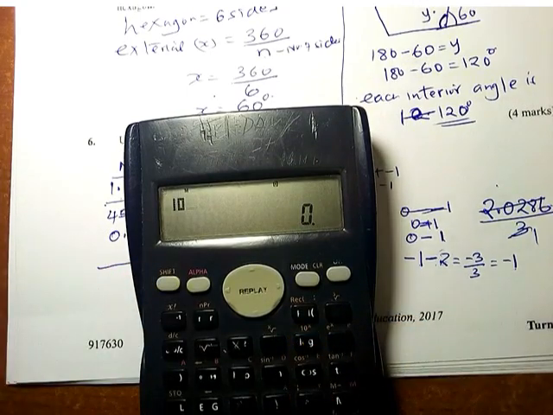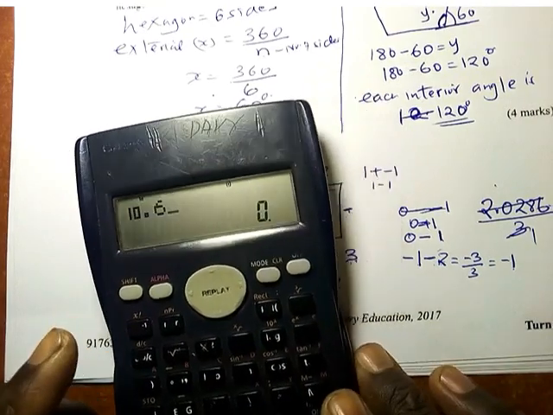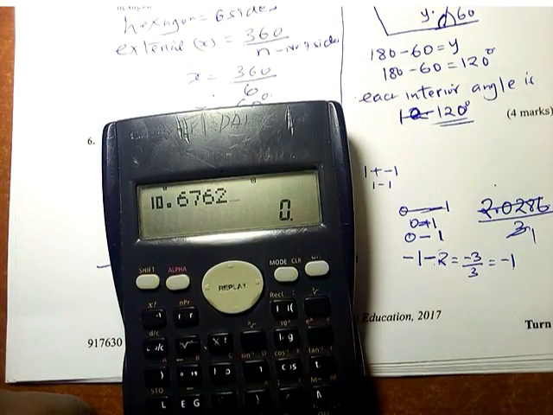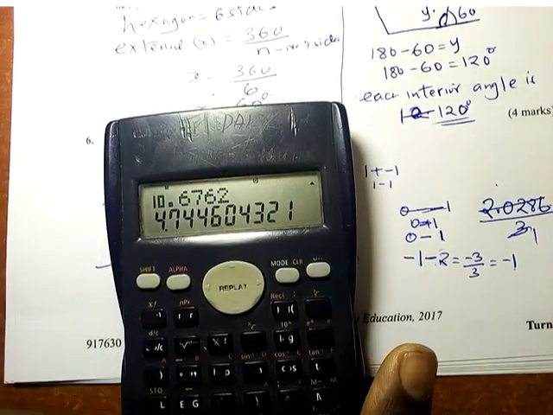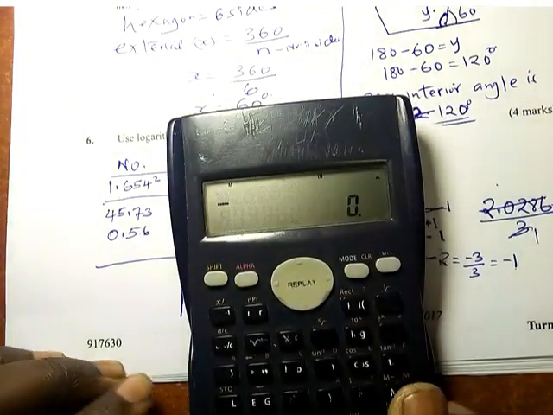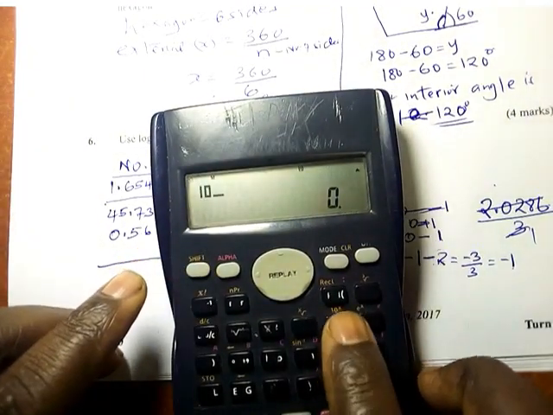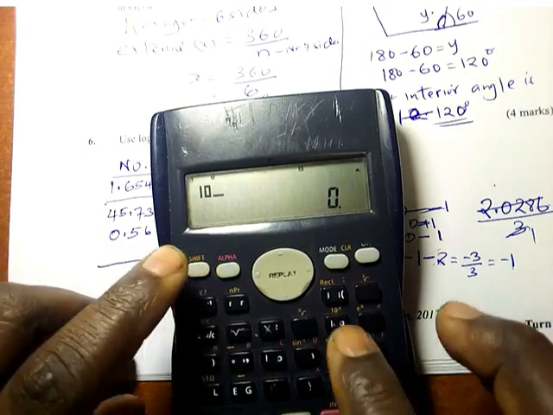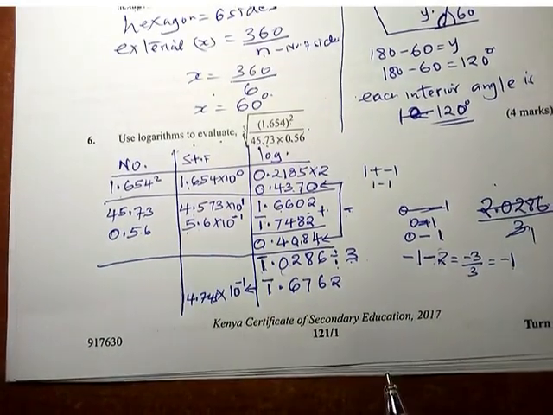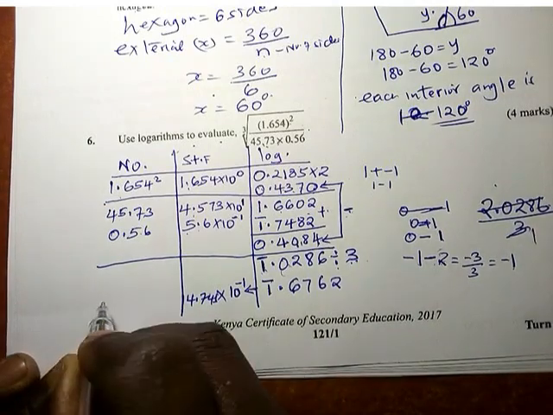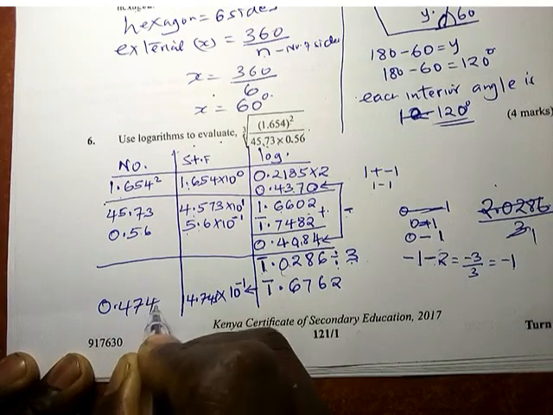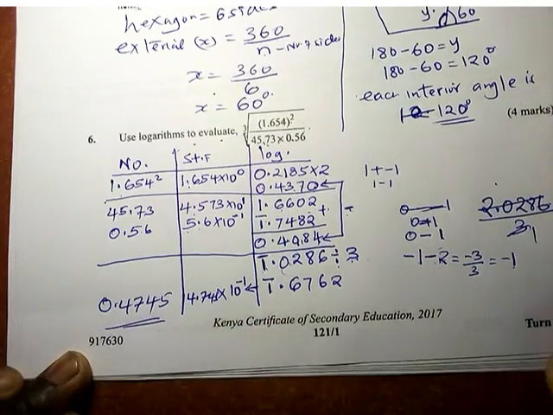Kama nataka hii ni 0.6762. So you press OK, it gives you 4.7 like that. Nth log, shift log gives you the nth log. So the final answer here is 0.4745, and that is the final answer.